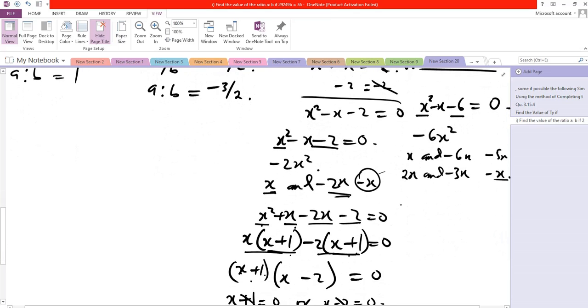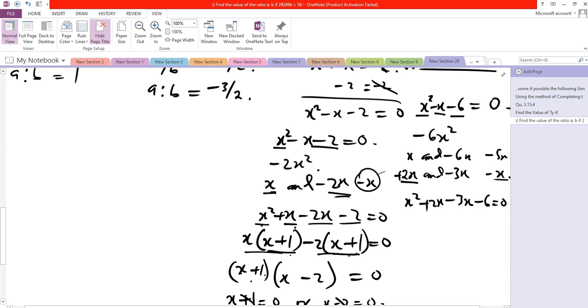Now let's use plus 2x and minus 3x to replace minus x. So we have x squared plus 2x minus 3x minus 6 equal to 0.